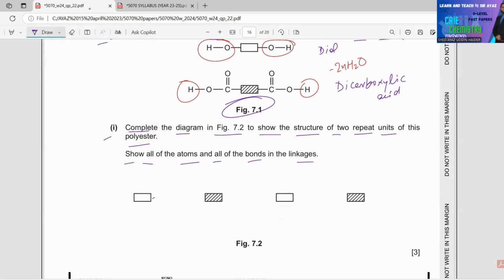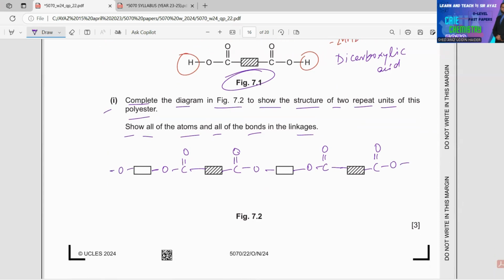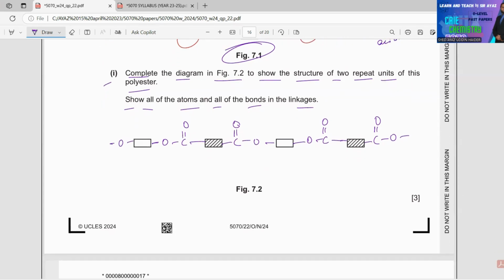This one must be coming from the diol. It will be joined through O, C double bond O with this dicarboxylic acid. From the other end, we have again C double bond O, then O again attached to this blank box. Then again O, C double bond O, and so on. This will be the final repeat units.